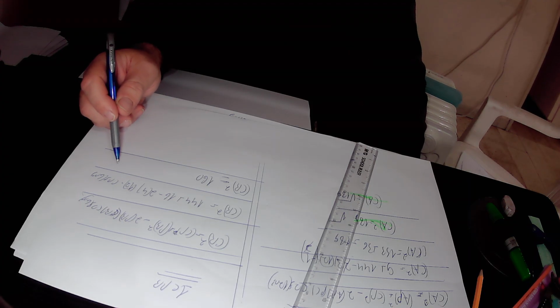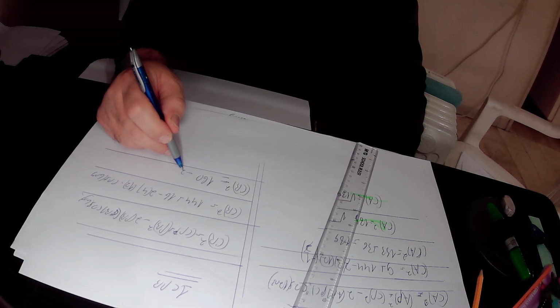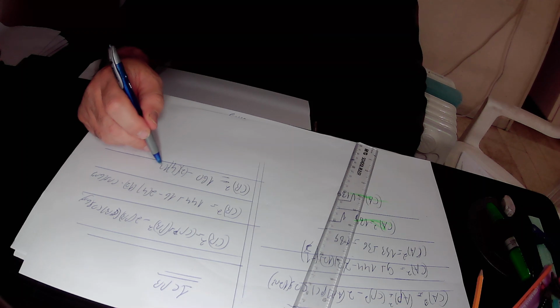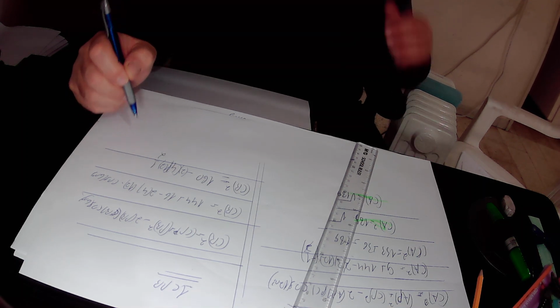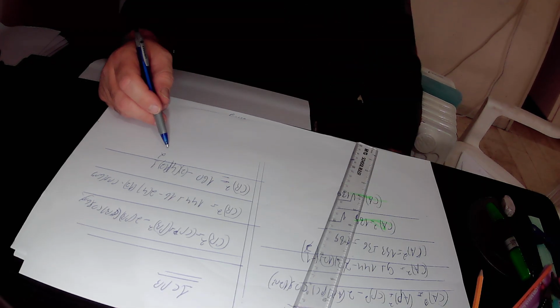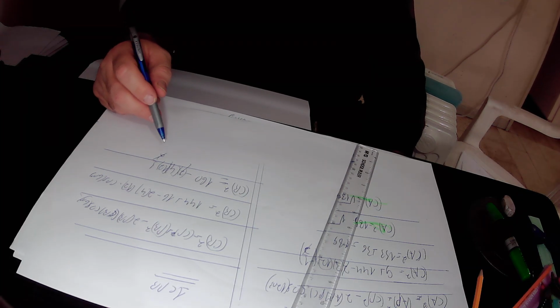Cosine 60 degrees is 1/2. So we have 2 in the numerator, 2 in the denominator, so the 2s get cancelled, and we are left with minus 4 times 12, that is minus 48.